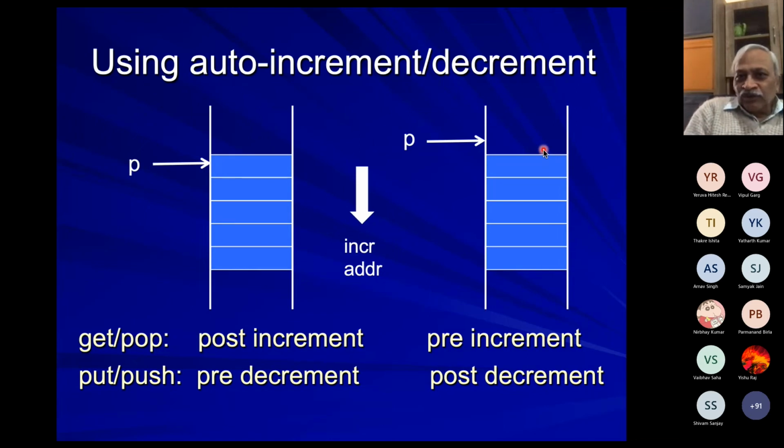So this is where you will use auto increment and decrement, and make a choice of pre or post depending upon the convention you are following. If your stack was growing in the other direction, then of course you can suitably change this. But with this convention, this is what you will do. So is that clear? Okay.